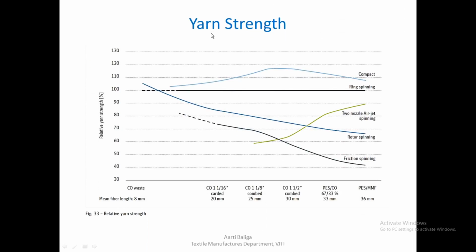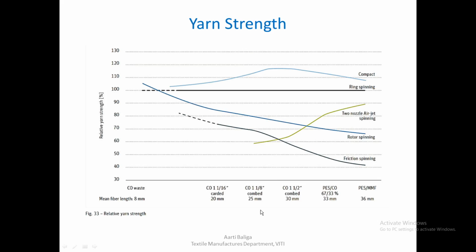So let us compare the different yarns that we get from different systems, and let us see how they compare with each other for yarn strength. On the x-axis, we are seeing the different types of fibers that are used, and relative yarn strength, and you are seeing the different kinds of spinning systems.